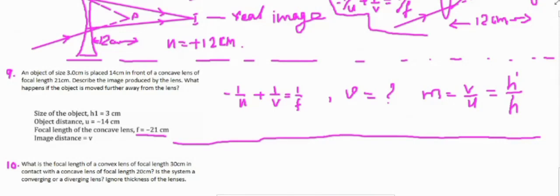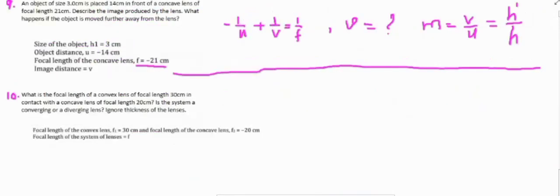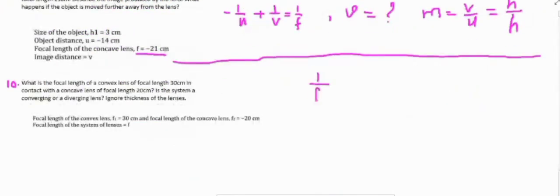So this is a lens contact, and the lens contact formula is 1 by f is equal to 1 by f1 plus 1 by f2. Here you have to see f2, the focal length, is negative, being a concave lens. So substitute the values in this formula and find the value of f, the effective focal length.